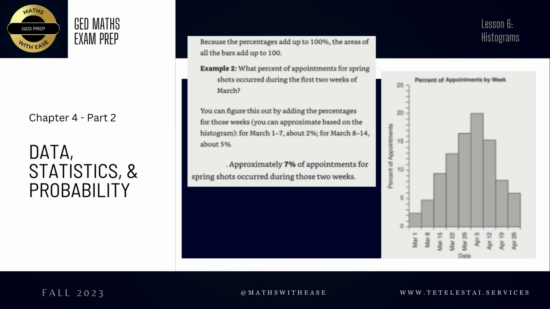So to answer the question, you would simply add the percentage of appointments in the first week, 2%, to the percentage of appointments in the second week, 5%, and our approximation would be around 7% of appointments for spring shots occurred during the first 2 weeks.